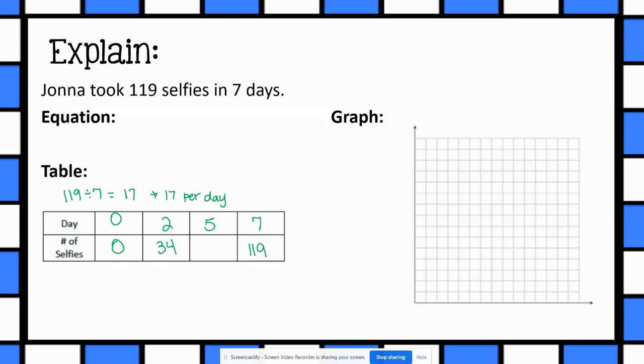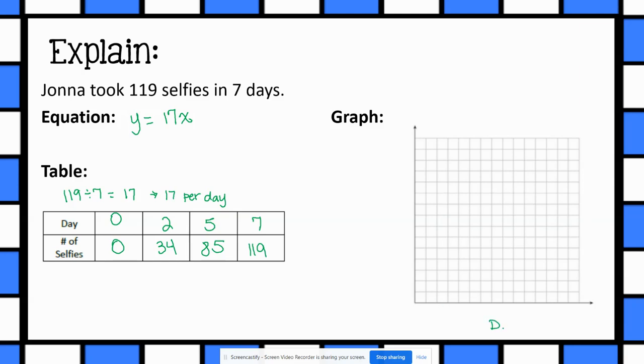In 5 days, if she took 17 each day, it would be 17 times 5, which would actually give me 85. Now, an equation to represent this is that the number of selfies equals 17 times the number of days.